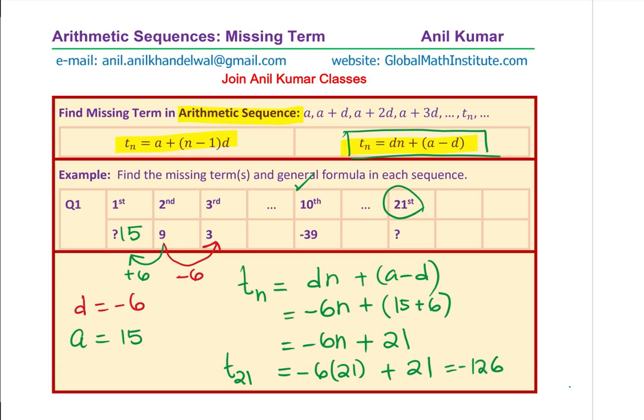So minus 126, and to this we'll add 21. And what do you get? Well, we get negative 105. So here the answer is negative 105. Does it make sense? So we can write down here negative 105 as the 21st term.